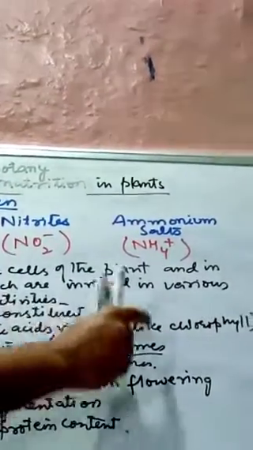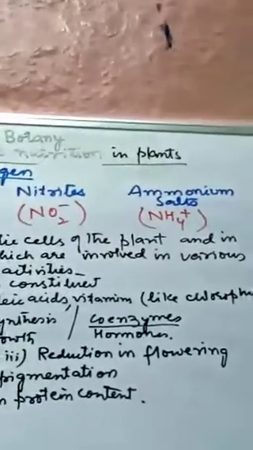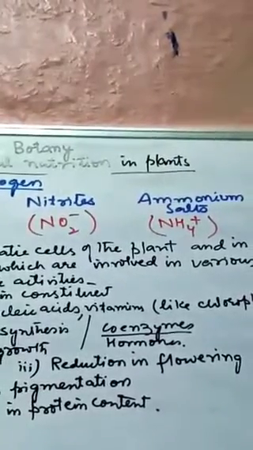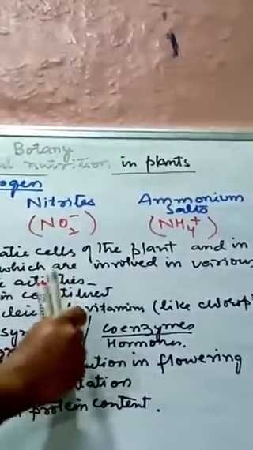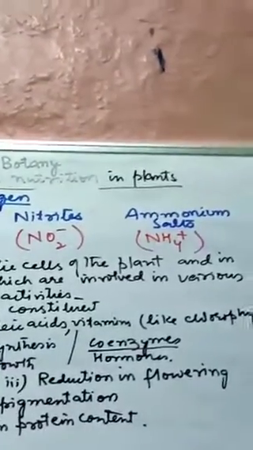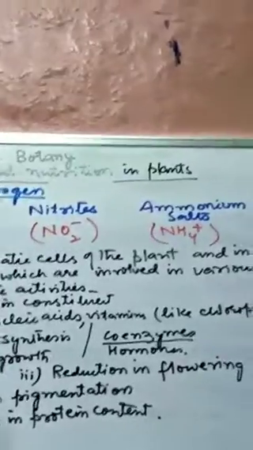When we know the functions of this element, we can automatically see the deficiency if there remains some deficiency in the plant. When we see these functions, we can draw these. When there may be a deficiency of this element nitrogen, we find such deficiencies.